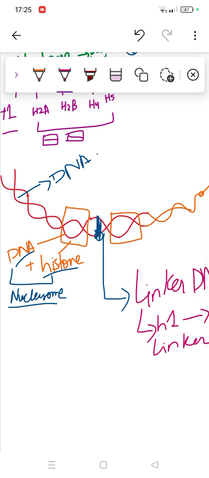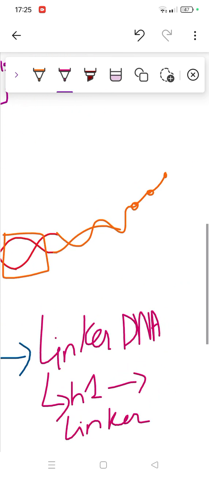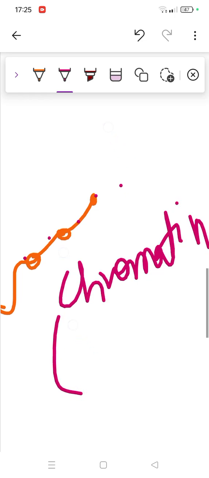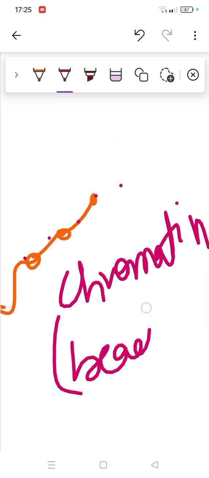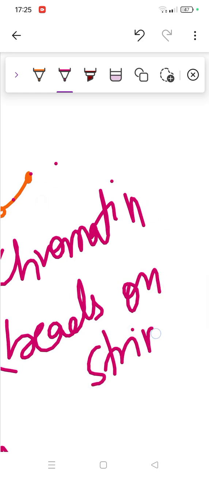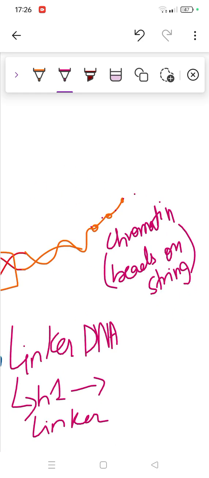The rest, H2A, H2B, H4, H5, are used elsewhere. I hope it's clear. Then we have this kind of structure, which is simply called chromatin. Chromatin is also called beads on a string, right? I hope all these things are very clear.